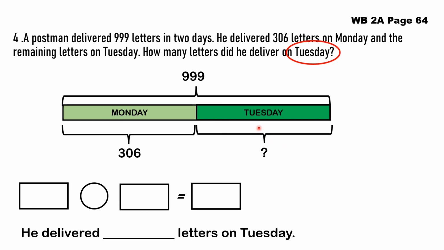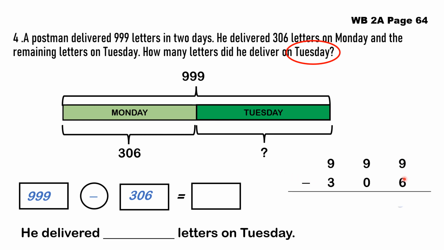So to find how many letters he delivered on Tuesday, we have to subtract 999, which is the total number of letters in the 2 days, with 306. So this will be our working, okay, where we subtract from the back.